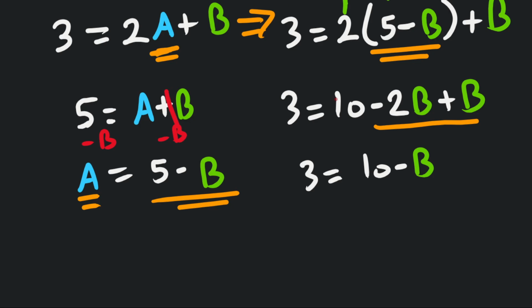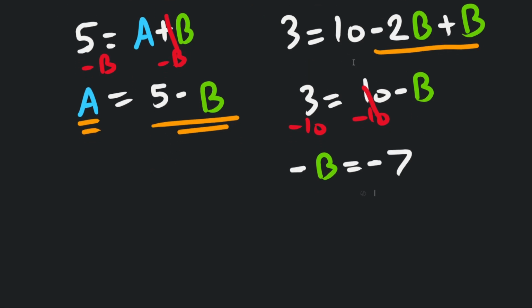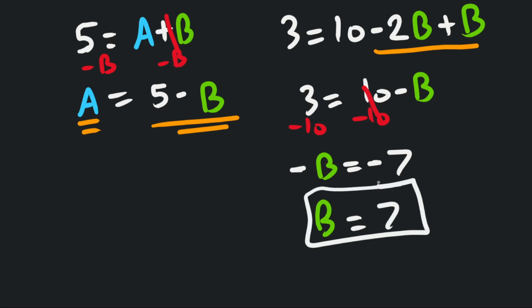And then we can subtract 10 from both sides. Negative b equals negative 7. Dividing both sides by negative 1, you get b equals positive 7. So we solved for b.